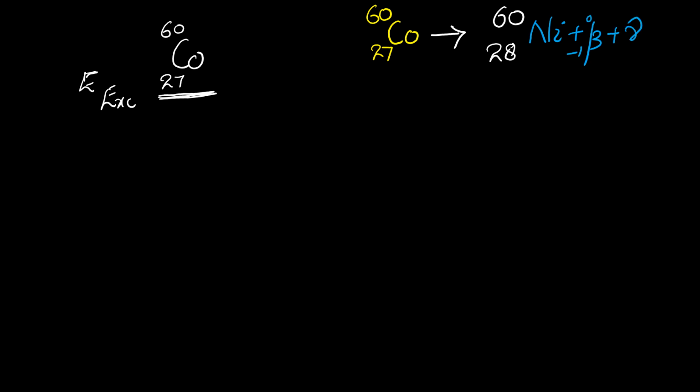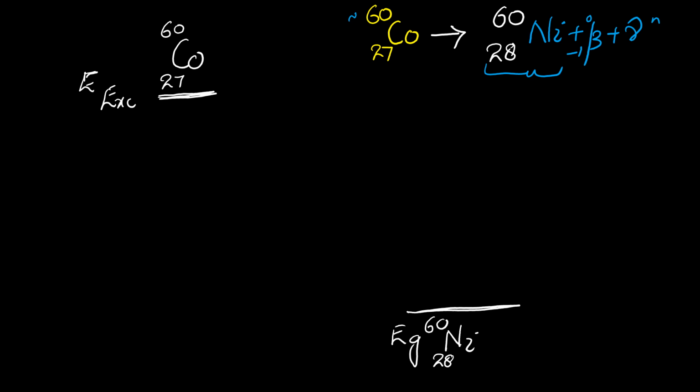Now let's look at the transition of cobalt into a stable nickel atom. Suppose this is the ground state for nickel, with ground state energy Eg, for nickel 60.